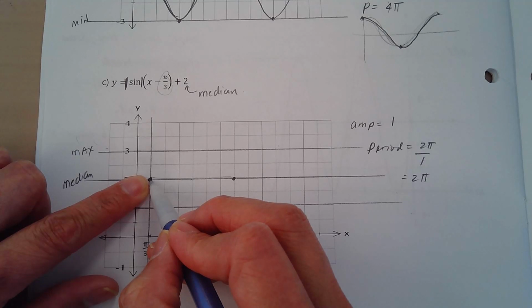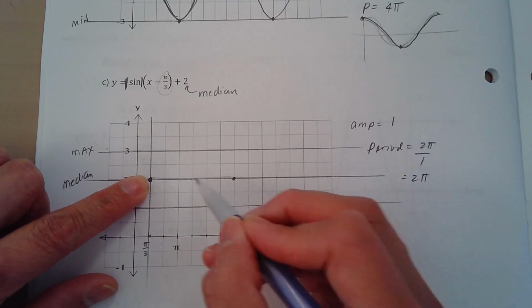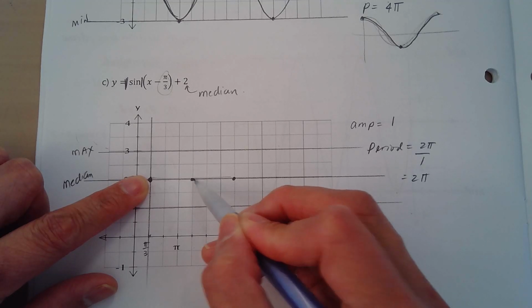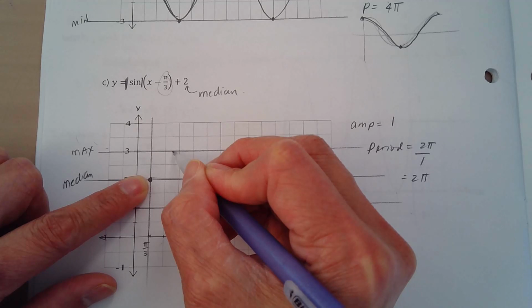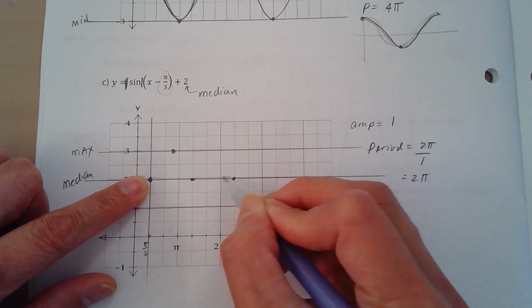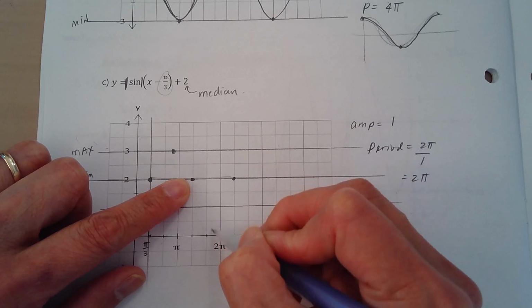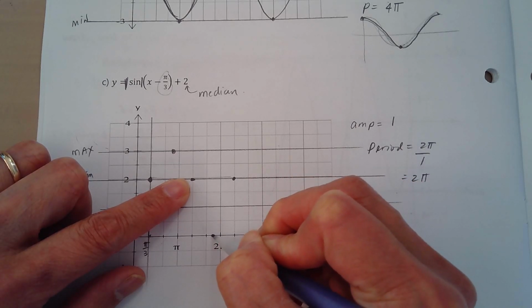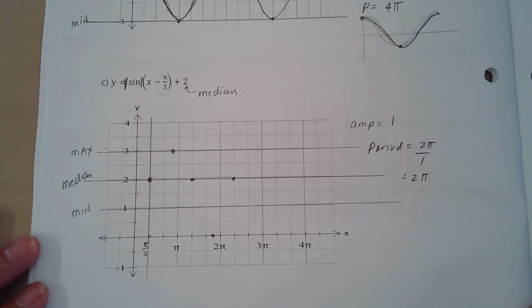And I'm gonna go from median to the next median, and in the middle, half of that is max, half of the other half is the minimum. You okay with that?